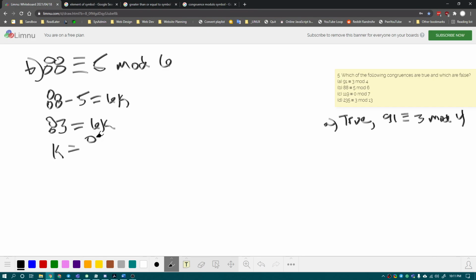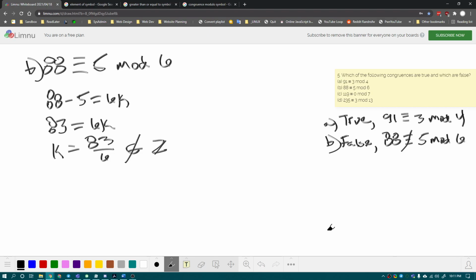So I'm just going to put 83 over 6. Since that is not an integer, I will say B is false. 88 is not congruent to 5 mod 6. Cool?